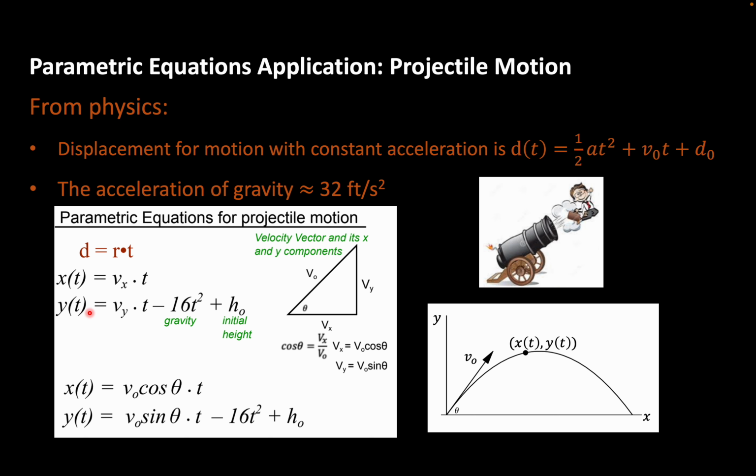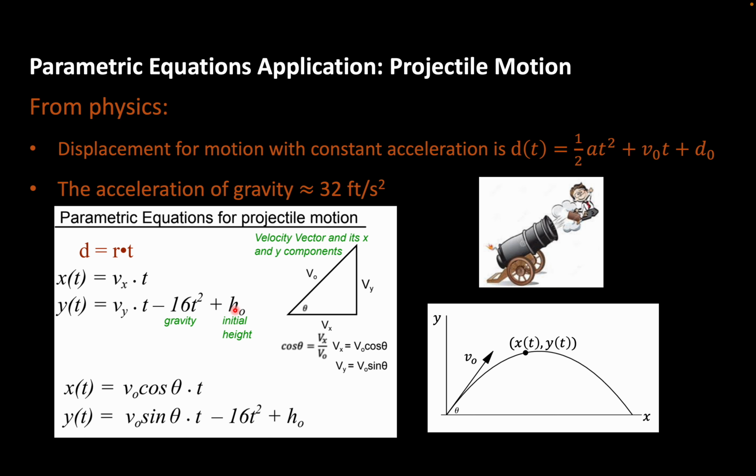The displacement in the y direction, or the height at time t, is simply the velocity in the y direction multiplied by time. So that's this part over here. Minus 16t squared is this term where we use the acceleration due to gravity downward in feet per second squared. And then we have the initial height over here, h0.